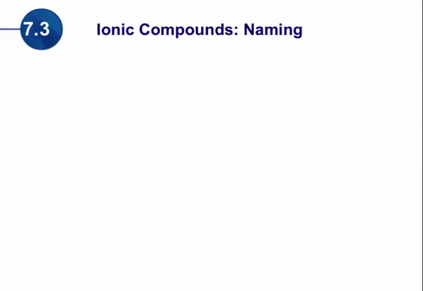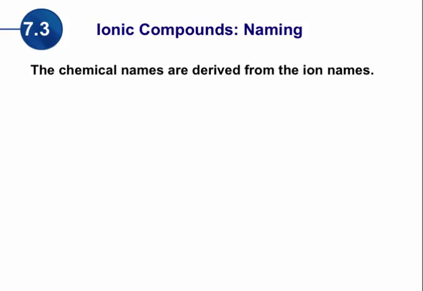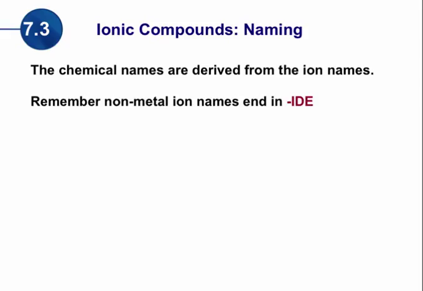Well, what about naming? And naming is just as important as writing the chemical formulas. Now the first thing we want to know is that the chemical names come from the ion names. And if you remember, we named our ions by taking the nonmetals and ending them with IDE.